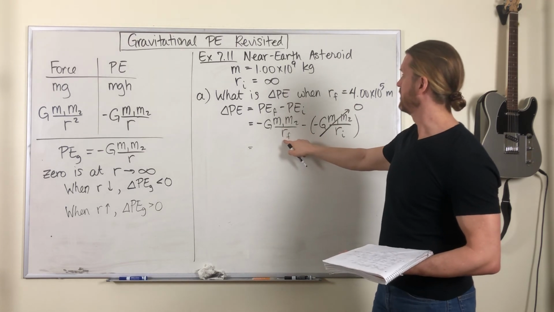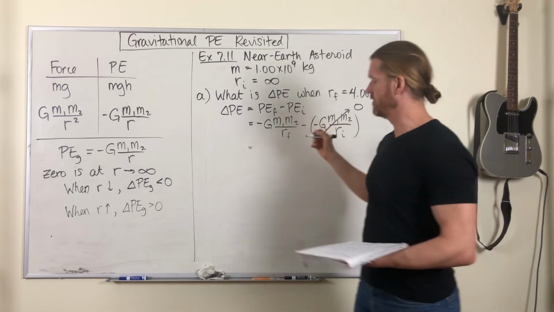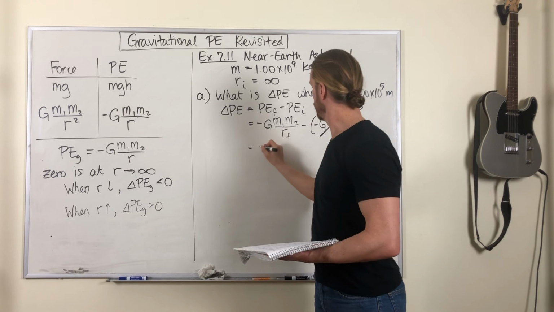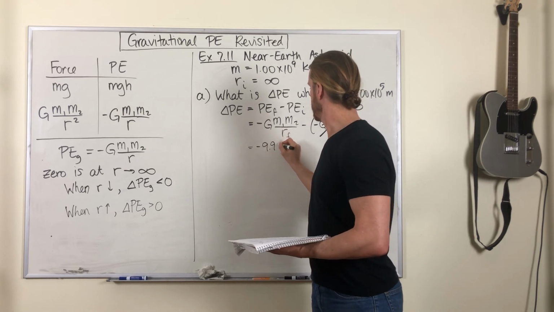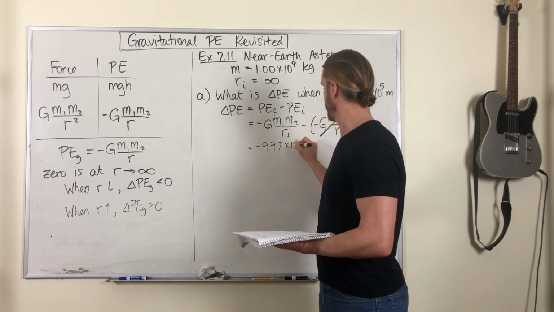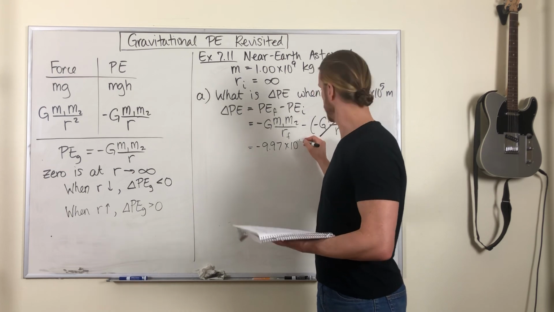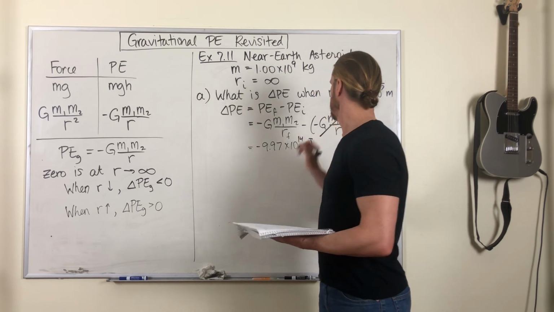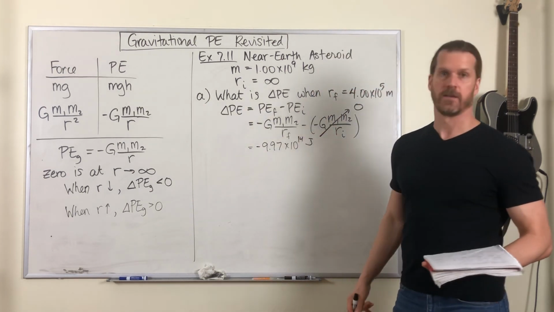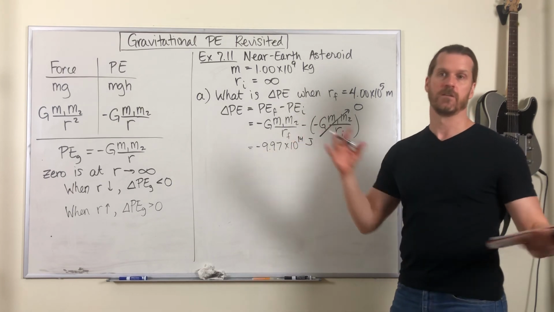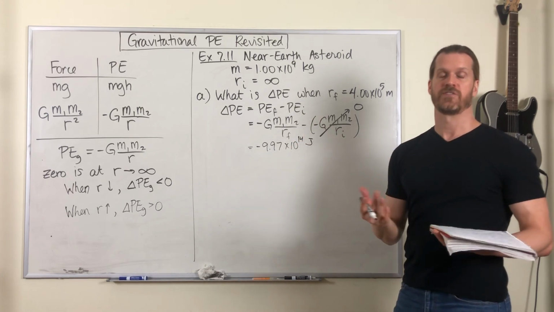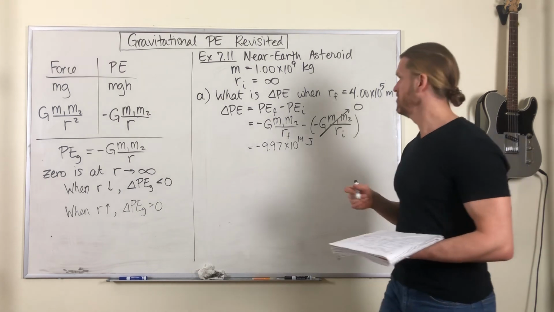Our final is this value. And we get minus 9.97 times 10 to the 14 joules. And again, that's negative because the objects are getting closer, so the potential energy has decreased.